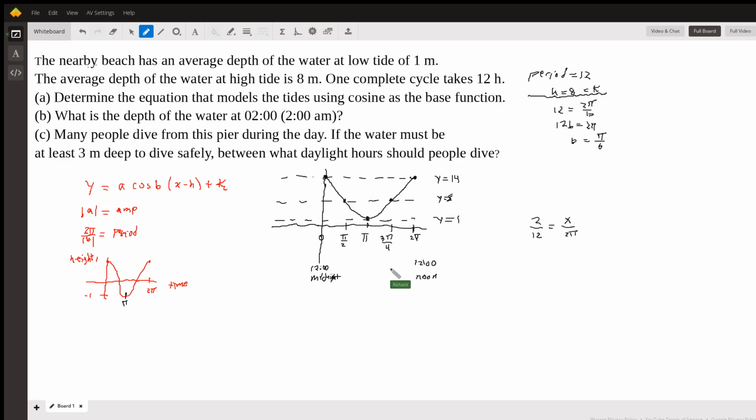So 2, because it's a 12-hour cycle, so 12-hour period. So let's simplify. 1 over 6 is going to be x over 2 pi. So 2 pi is going to be equal to 6x. X is going to be pi over 3.